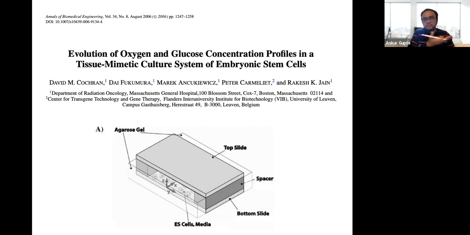There is some consumption of oxygen from the bottom layer by cells. Then there is oxygen present on the sides, and the top and these other side mediums are blocked. These are called spacers, so they have blocked any flux of oxygen coming through the sides.